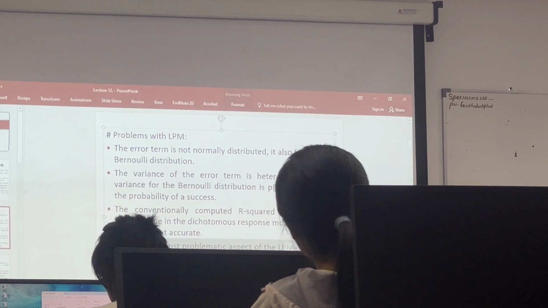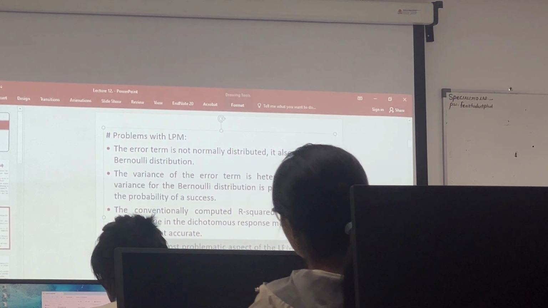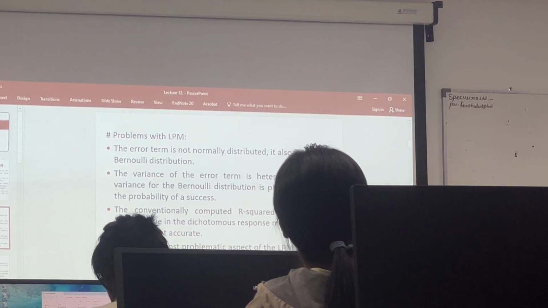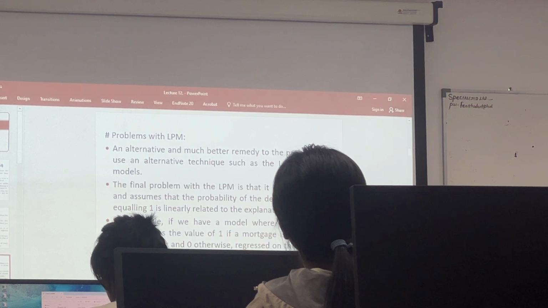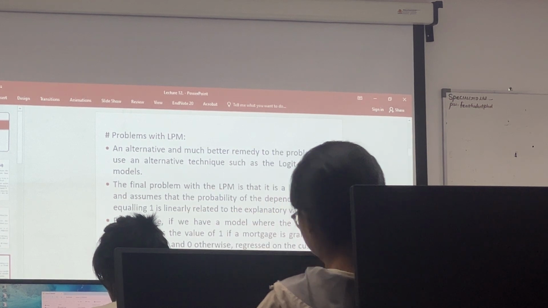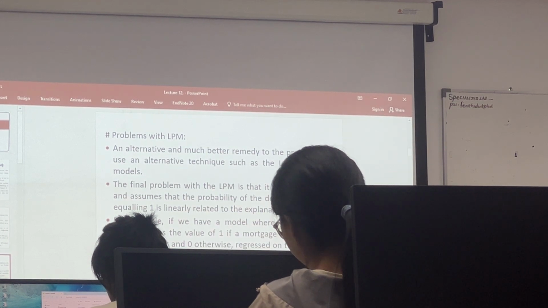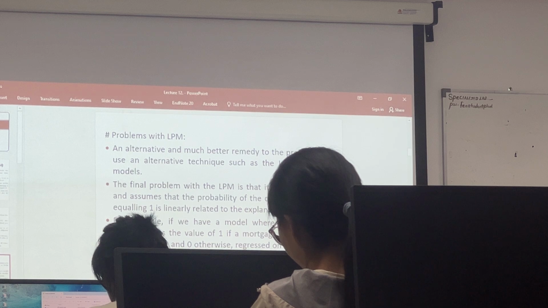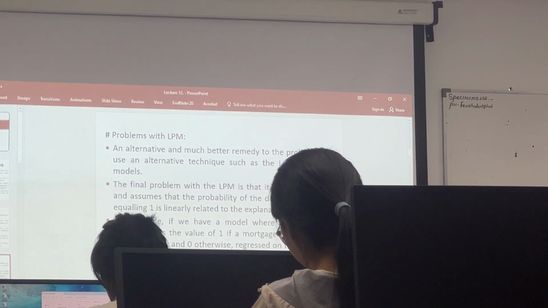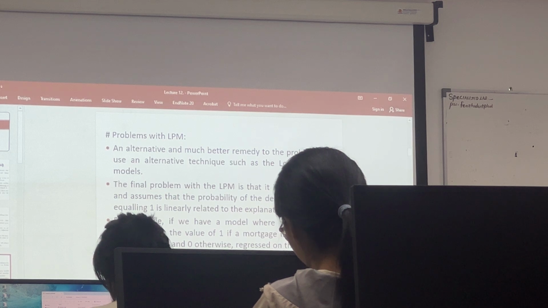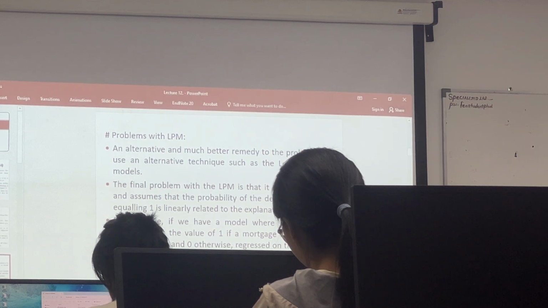But it's not the best way to model the probability. An alternative and much better remedy is to use a technique such as the logit or probit model. In this lecture we discuss logit, because it is easier to calculate probability using the logit model.